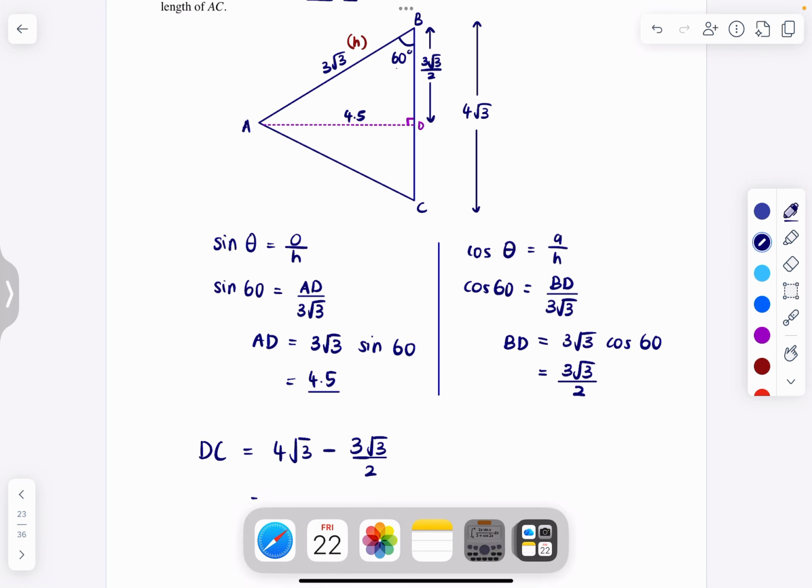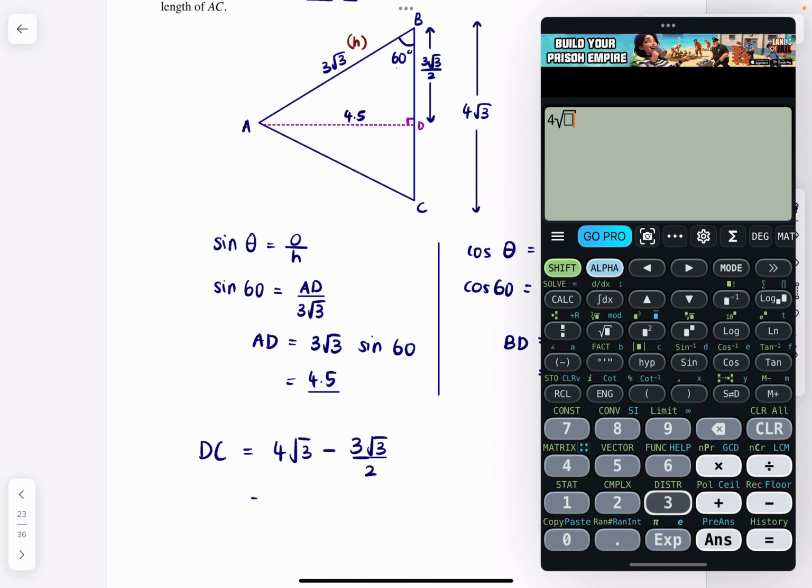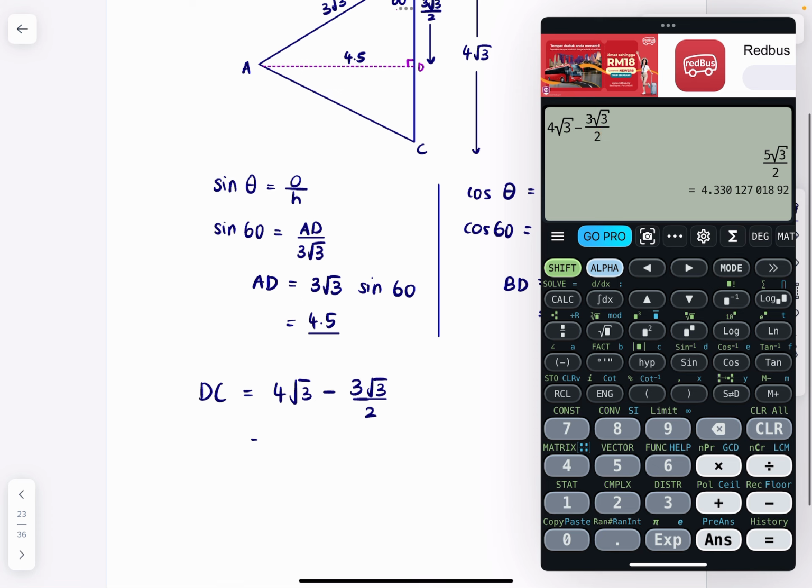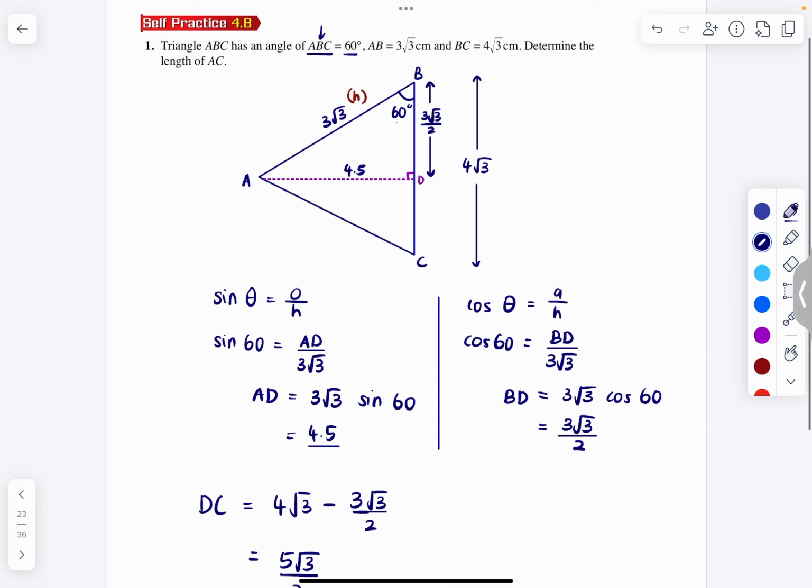So 4√3 minus 3√3 over 2, we get 5√3 over 2. So this is 5√3 over 2.